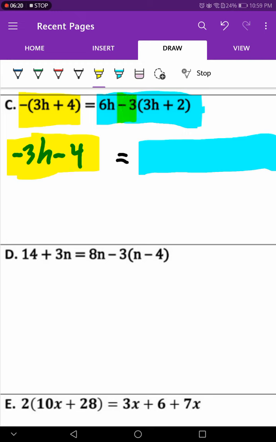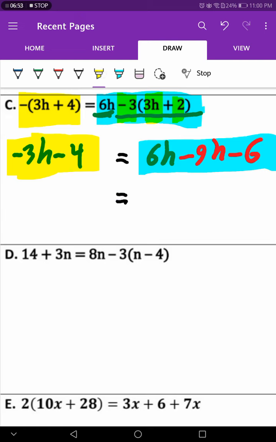You have to reverse the sign for this and this with the multiplication also. So the 6h is coming down, and when I break the parentheses here, I will get -9h, -6. Okay, I will combine the terms in the right side here.